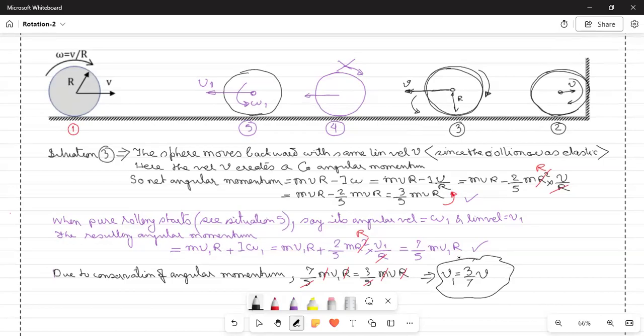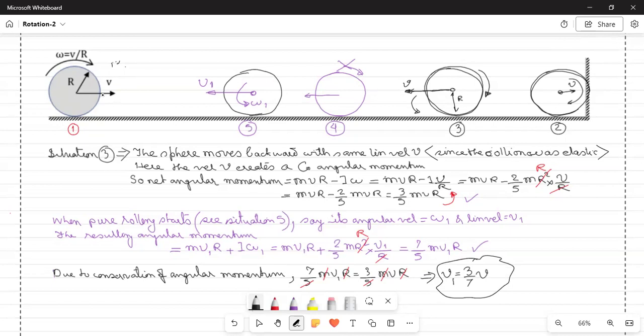That means, I repeat once again, look at the picture. When this ball started here, its forward motion was v, and there was an angular motion also, v equal to omega r.